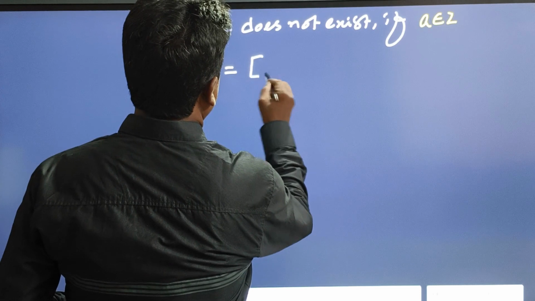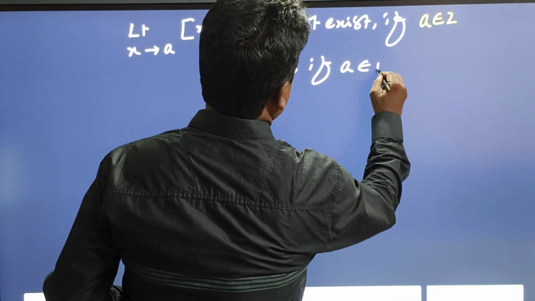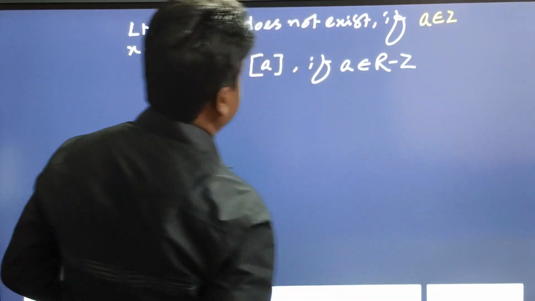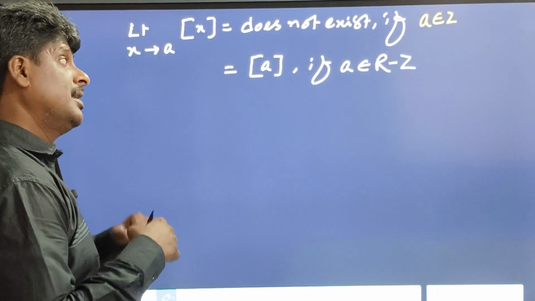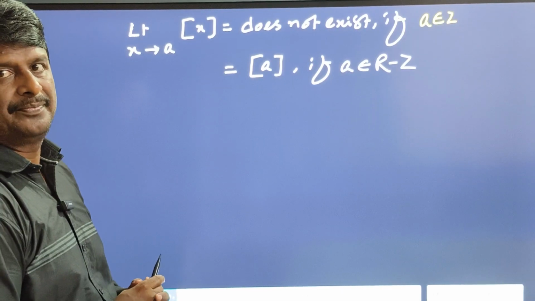It is equal to step of a if a belongs to R minus Z, meaning a is a real number other than an integer.